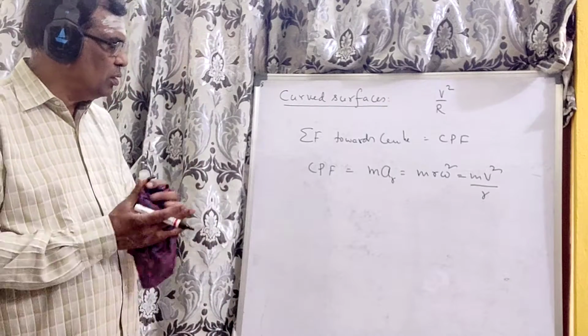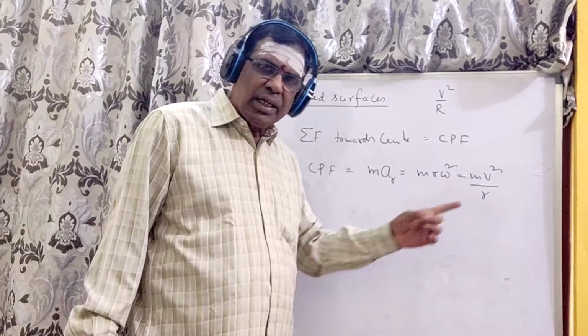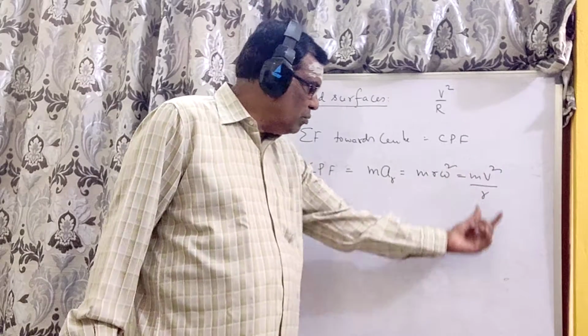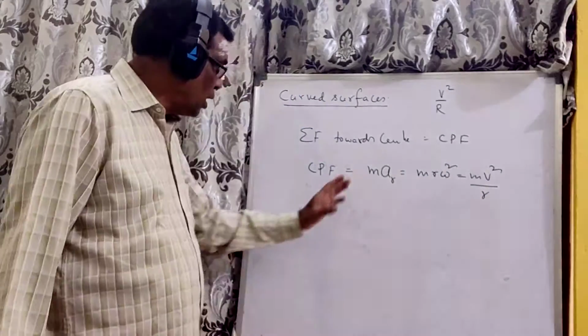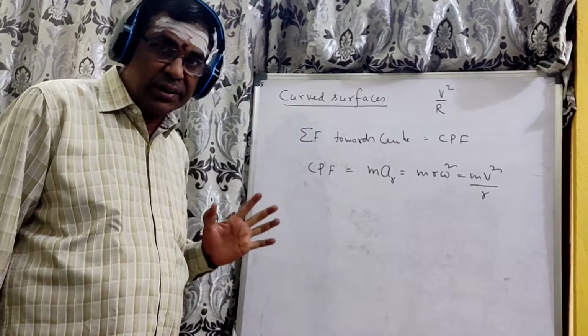Be very careful. Neither m r omega square is a force, nor m v square by r is a force, but on the left hand side all are forces.